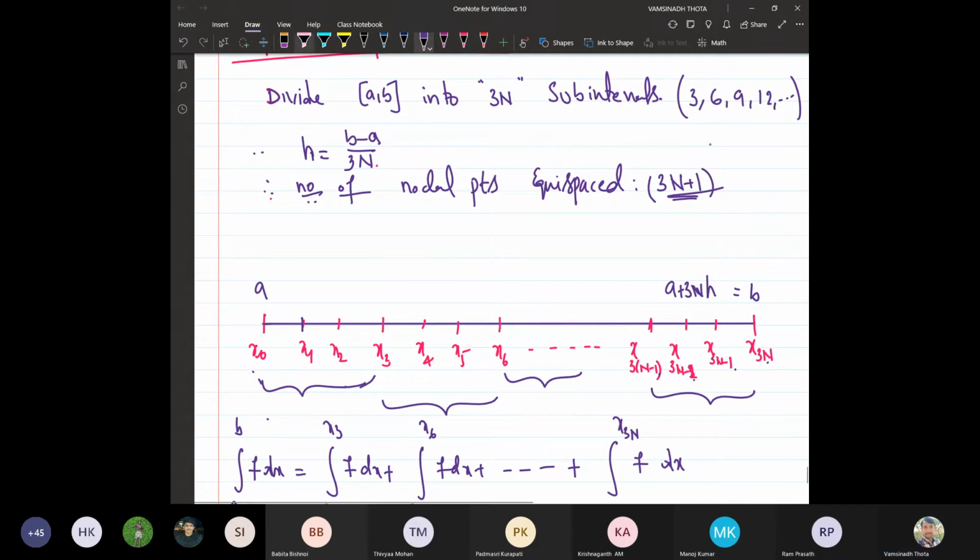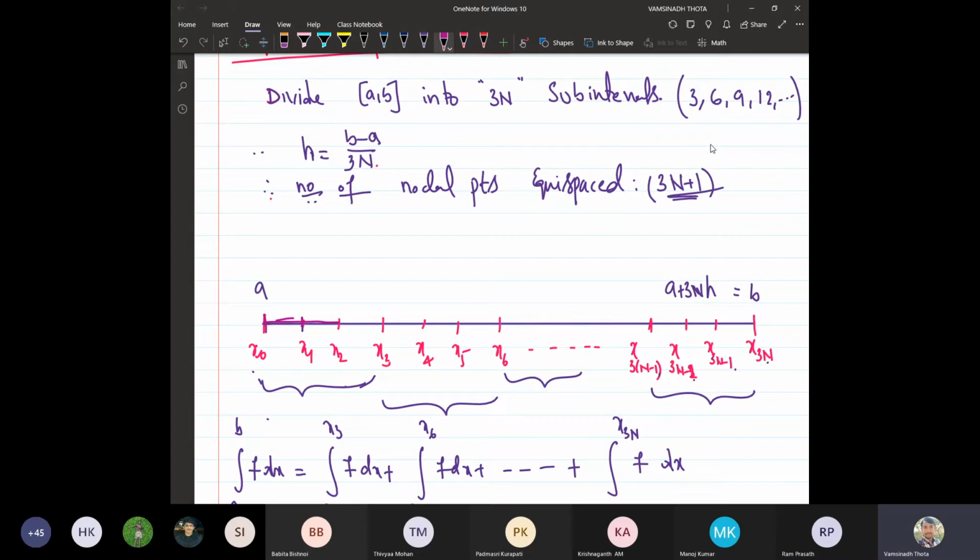Now what are we doing here? We are not applying the Simpson's 3/8 rule in every subinterval. If you recall the composite Simpson's 1/3 rule, we also did not apply it in every subinterval; we took a combination of 2 consecutive subintervals.